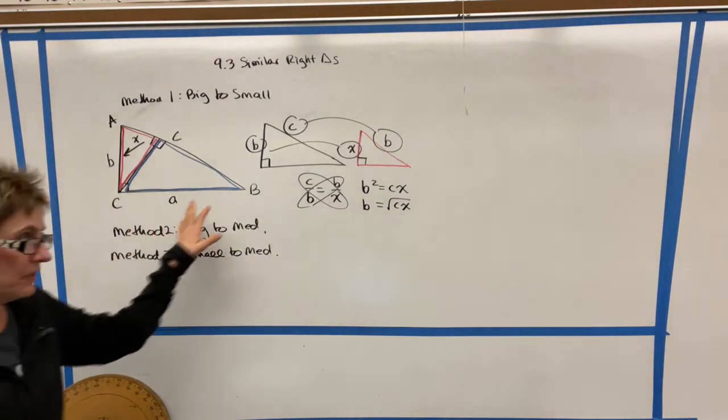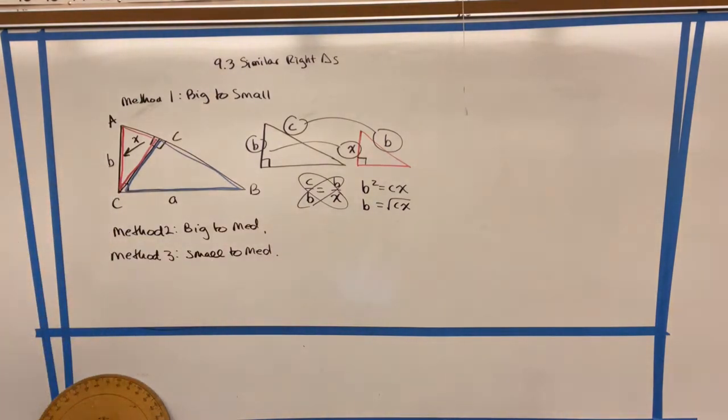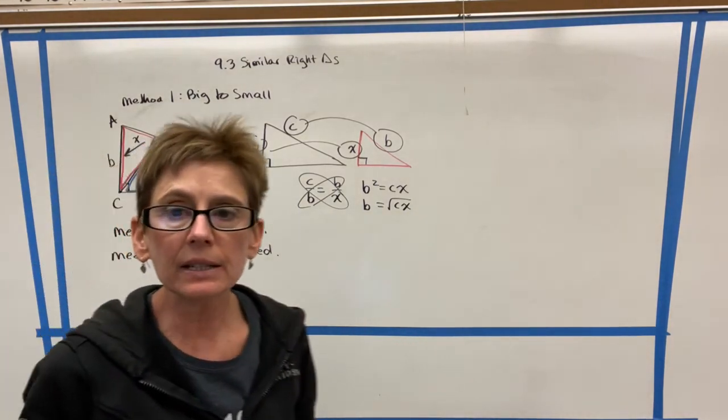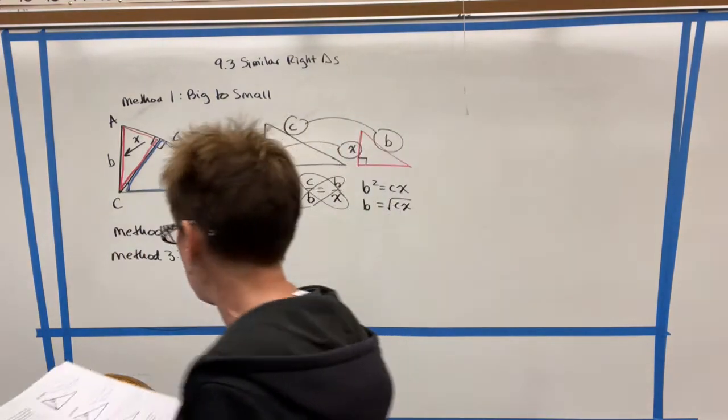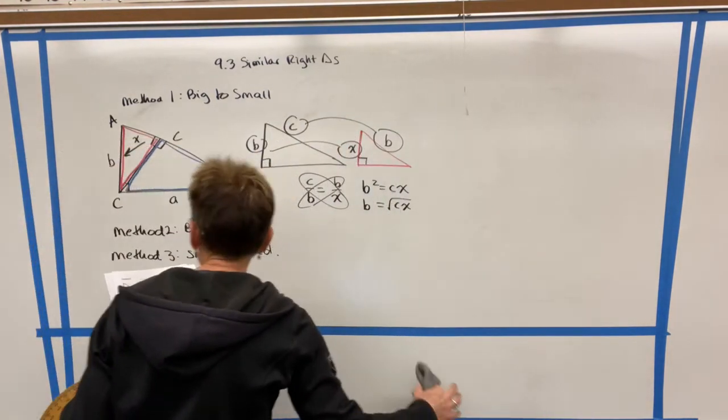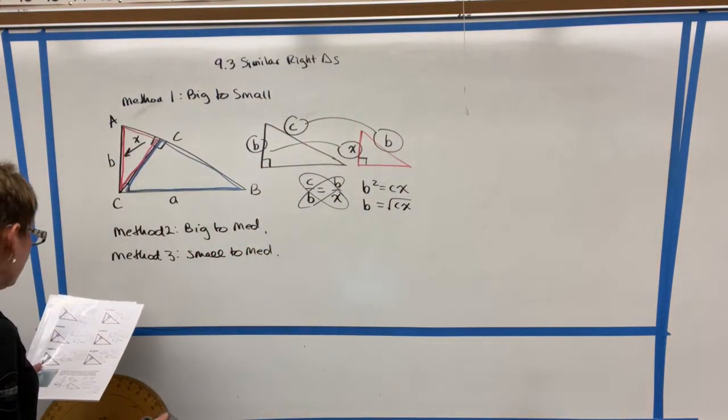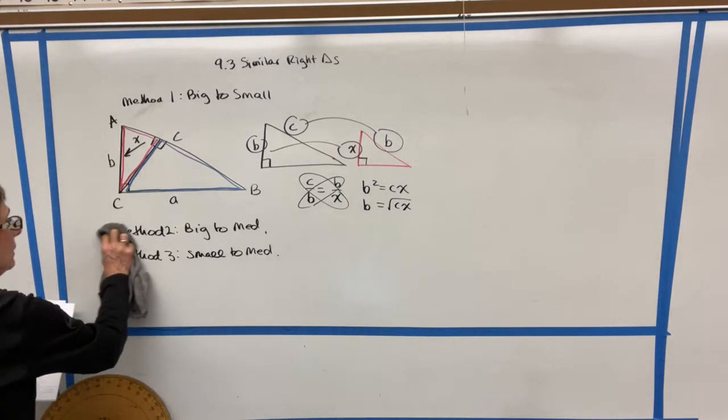I wanted to show you this one using generalities, and then I would like to show you all three methods using actual numbers, because I think it's going to be a lot easier to process when we have actual numbers to work with. So let's go ahead and compare the big to the small.